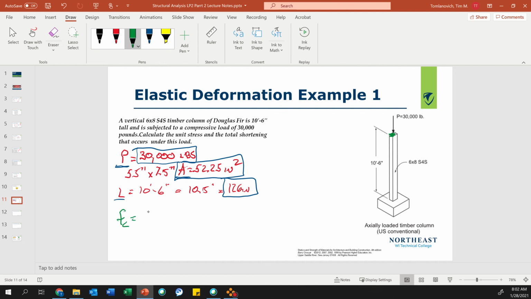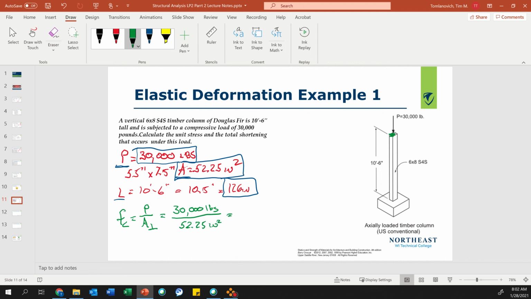So FC equals P divided by area perpendicular. And that equals 30,000 pounds divided by 52.25 square inches.